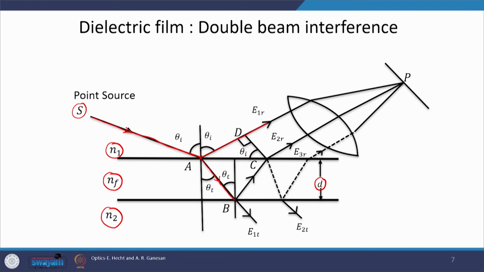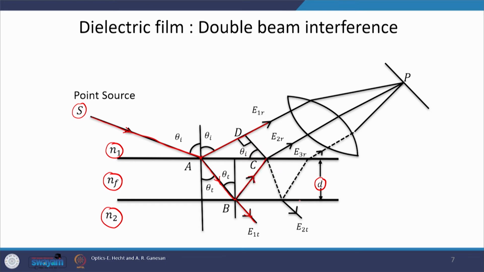This transmitted ray will again fall on the lower interface, or the second interface, of the film, and there again it suffers partial reflection and partial transmission. This is the transmitted wave and this is the reflected ray.